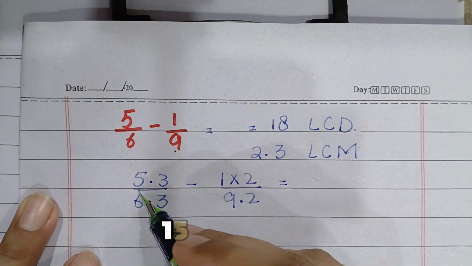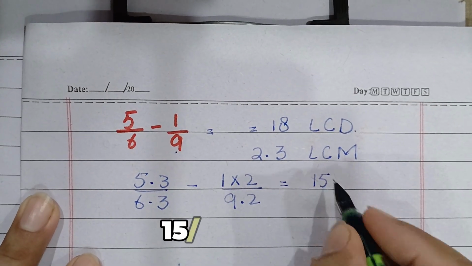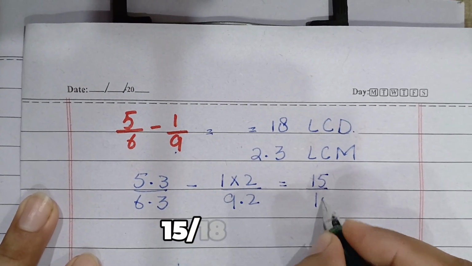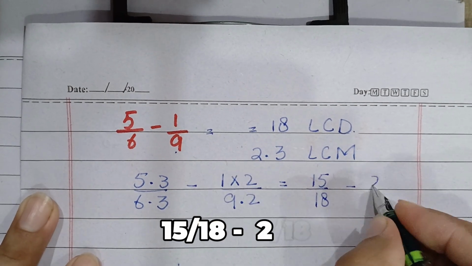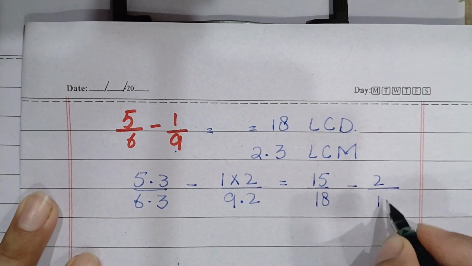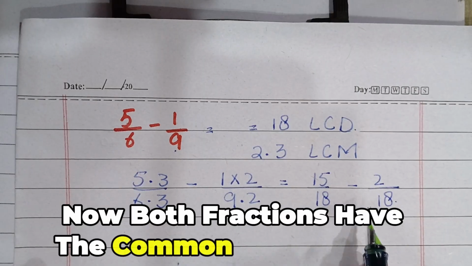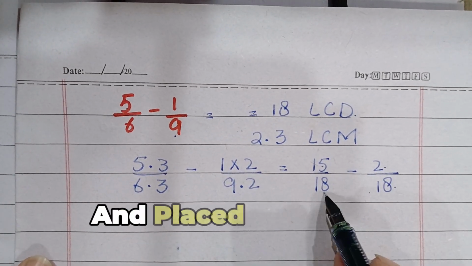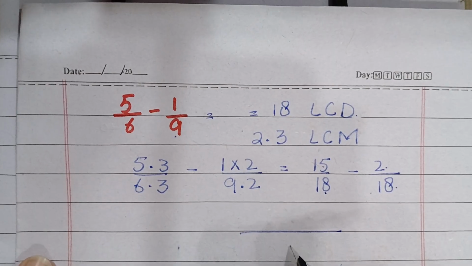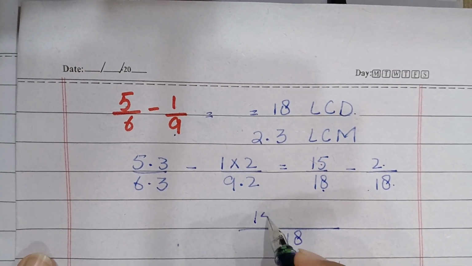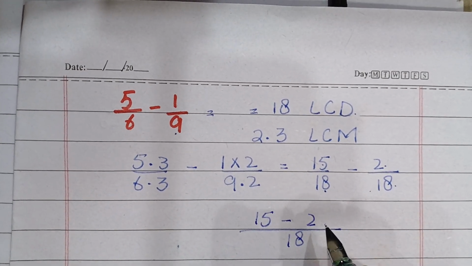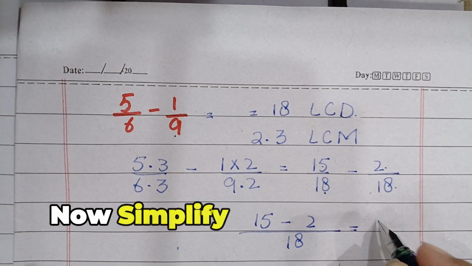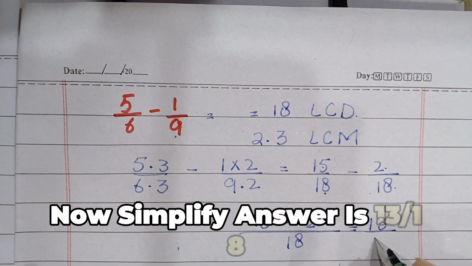Now simplify. 5 times 3 is 15 and 6 times 3 is 18, minus 1 times 2 is 2 and 9 times 2 is 18. Now both fractions have the common denominator, so just subtract the top numbers and place over the common denominator. 15 minus 2 over 18. Now simplify. Answer is 13/18.